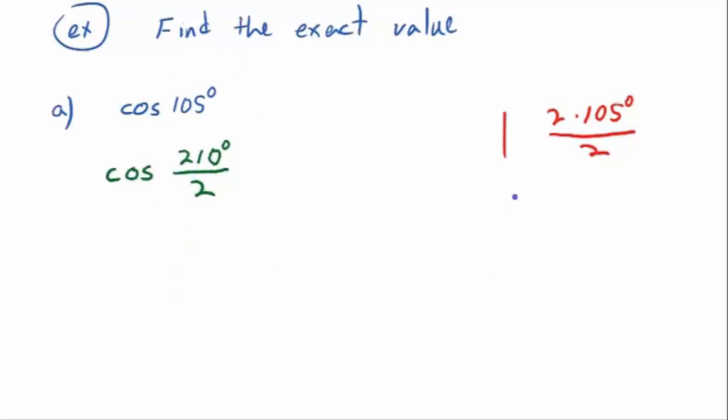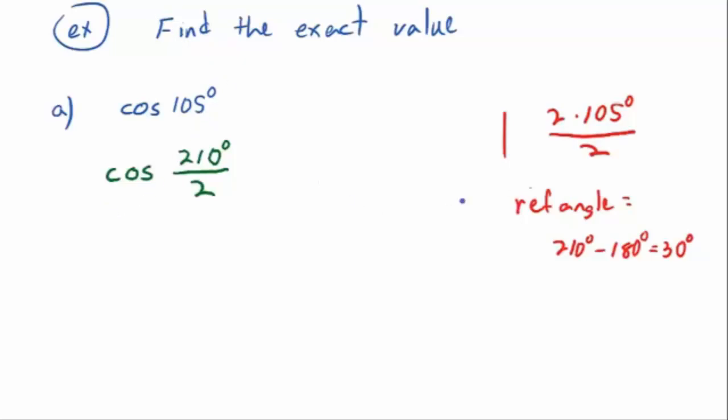The reference angle for 210, if you think about it, you take 210, since it's in the third quadrant, you subtract 180 and get 30 degrees. So if I can figure out a way to write this just in terms of cosine of 210, I can go ahead and get an exact value that way.